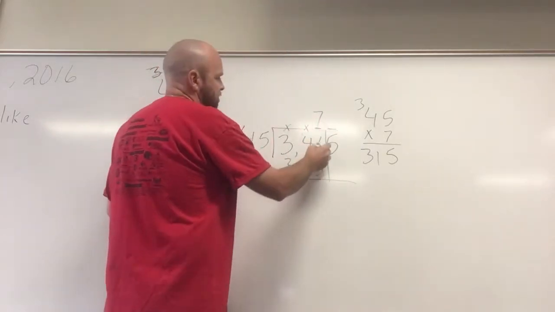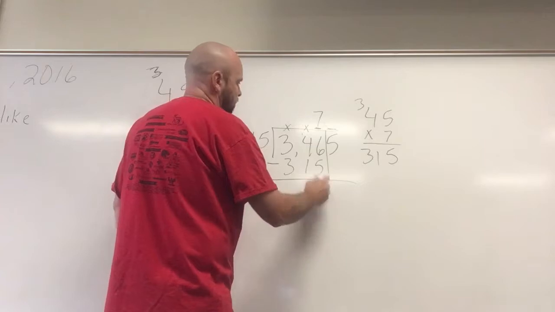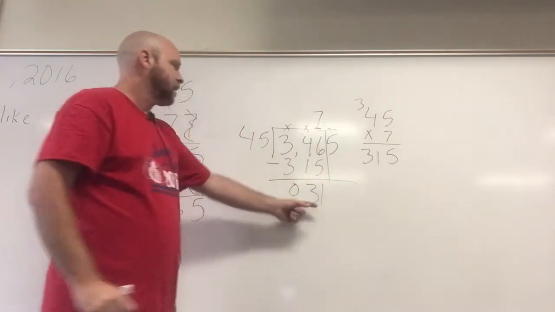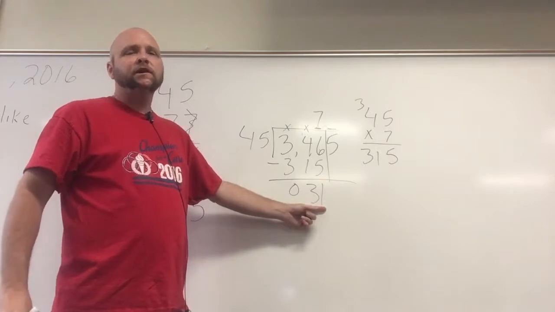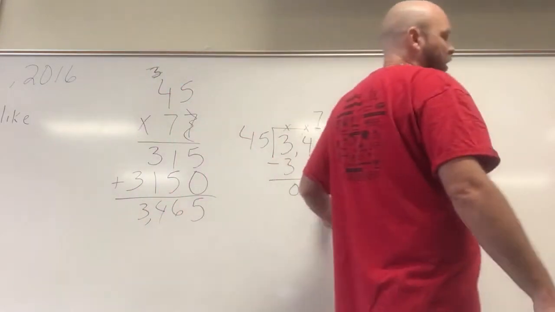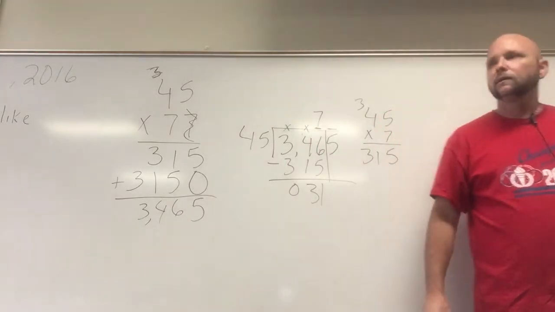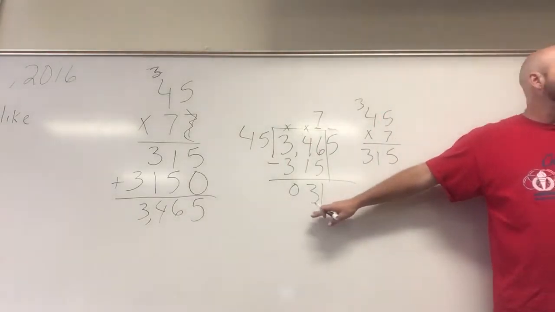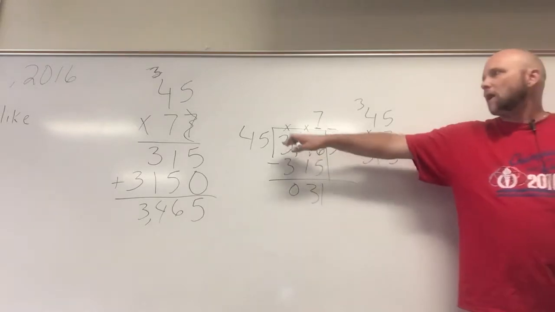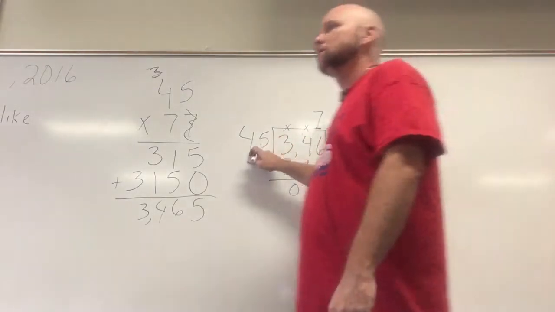So then I subtract. 6 minus 5 is 1. 4 minus 1 is 3. That's a 0. Is my difference here okay? Yeah. 31 is okay. How do we know it's okay? After I subtract, my difference has to be smaller than what? My divisor.